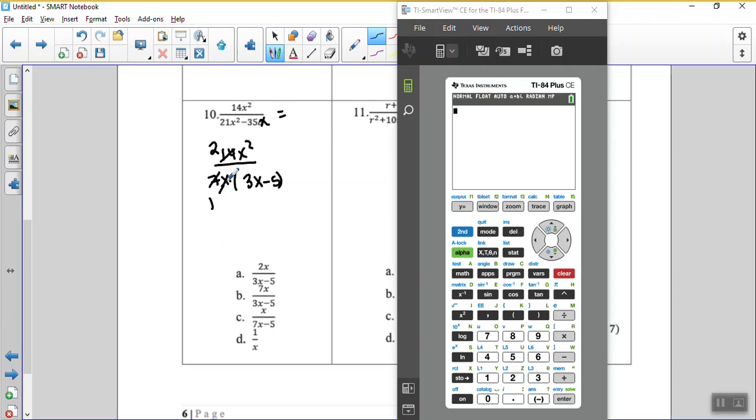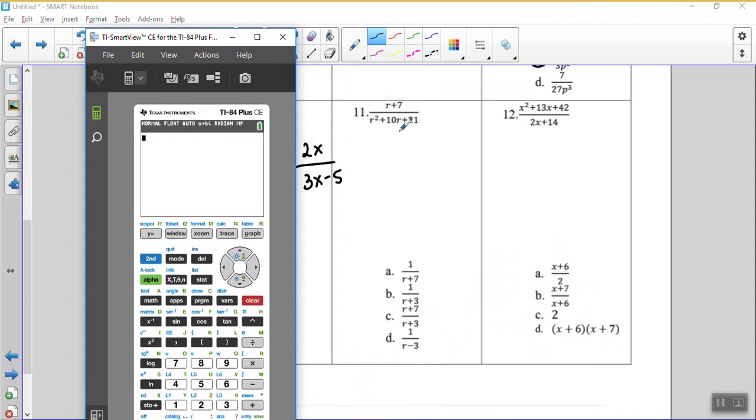And then I can cancel out x in the denominator and x in the numerator, and just have x by itself. So you have 2x over 3x minus 5. And I cannot cancel out the x's because it has minus 5 here. So 2x over all of that, which is A.